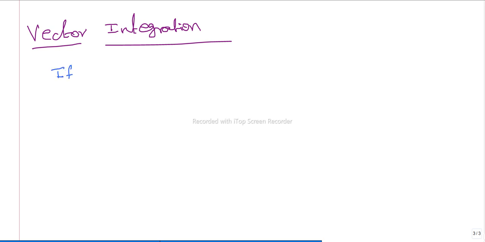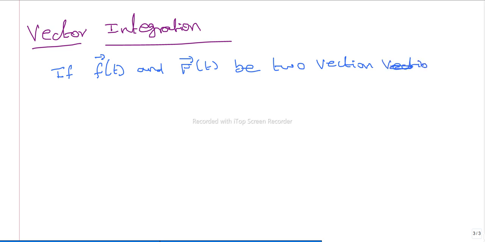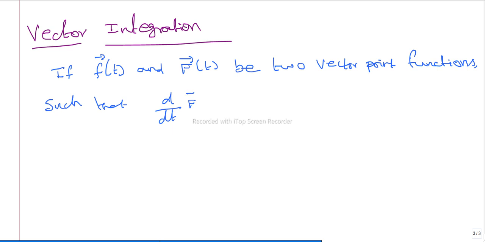Suppose small f vector of t and capital F vector of t are two vector point functions such that the derivative of one function is the other. Suppose d by dt of capital F gives another vector point function small f of t, then we say this capital F is the integration of this small f, otherwise called the integral of f.